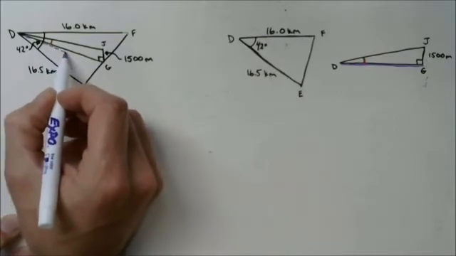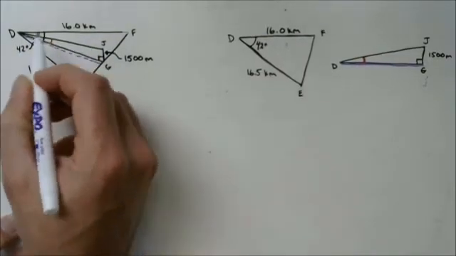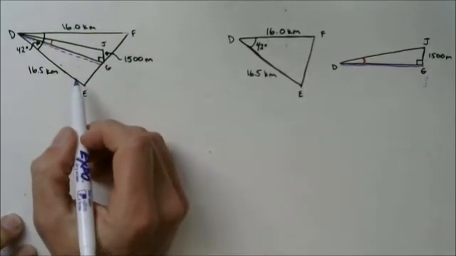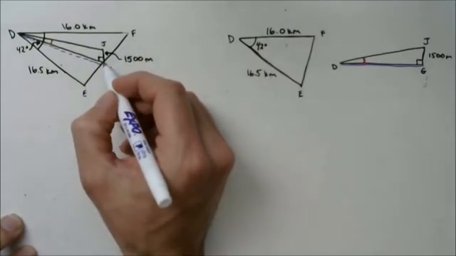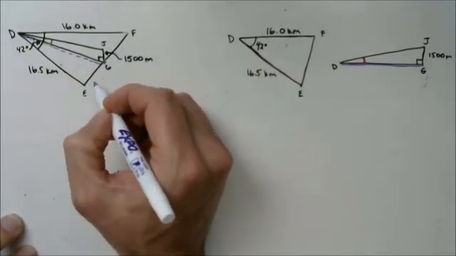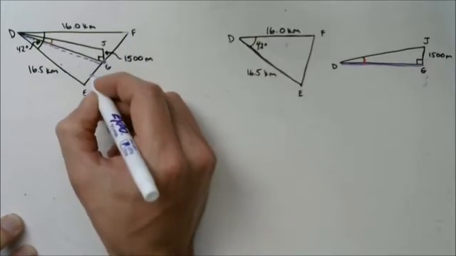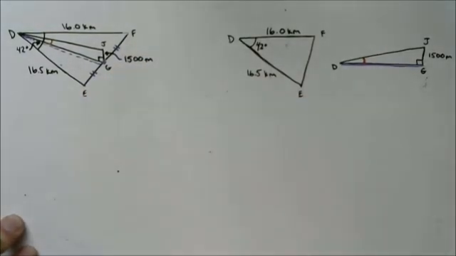Okay? DG is involved in the larger triangle, and it doesn't seem immediately helpful, but we're given the information that G is actually right in between Emerytown and Fosterville. So we know that this length is equal to this length. How does that help us? Take a second to think of a plan.